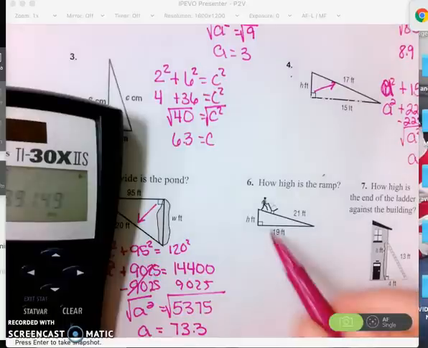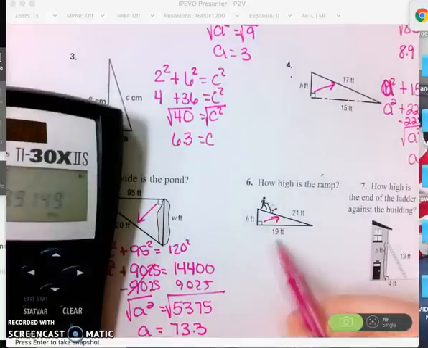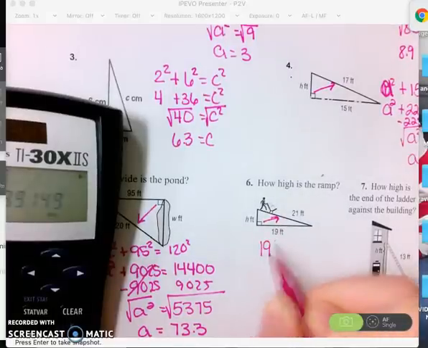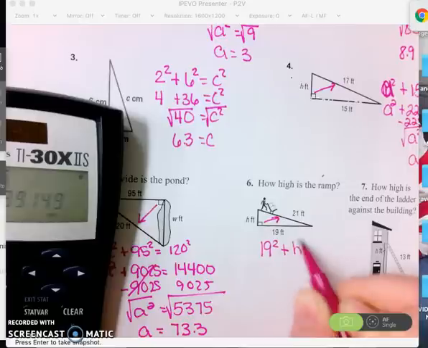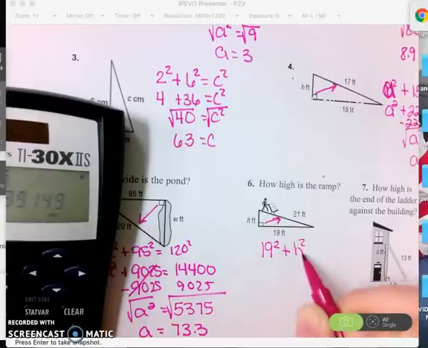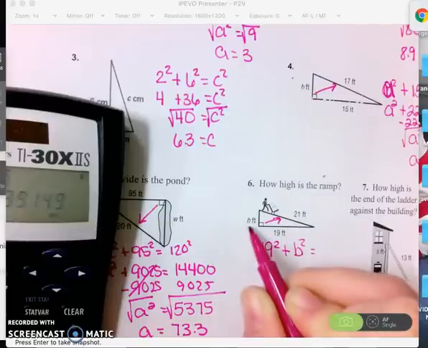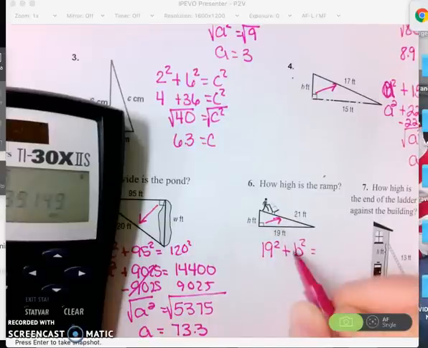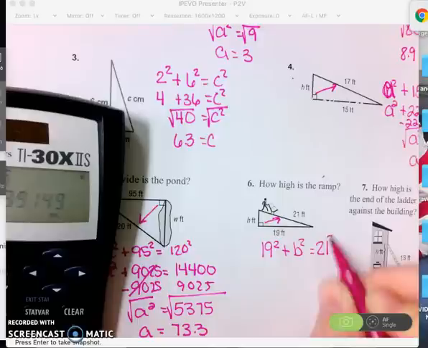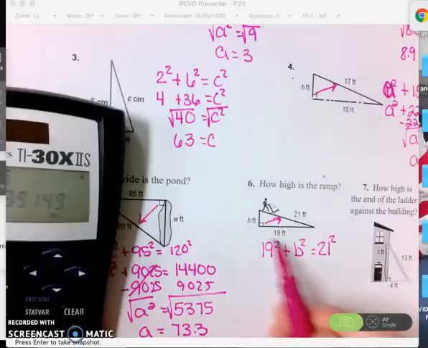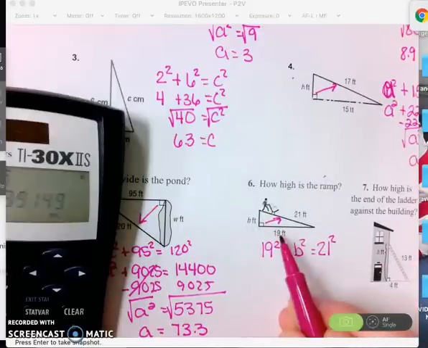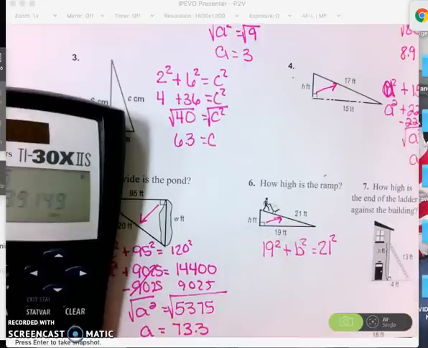Next one, again, we're given our c. So we have 19 squared plus h squared. Again, you can put b if you'd like. Since it's an h, you can put h. Again, the order doesn't matter, just that you know that these two are the legs.